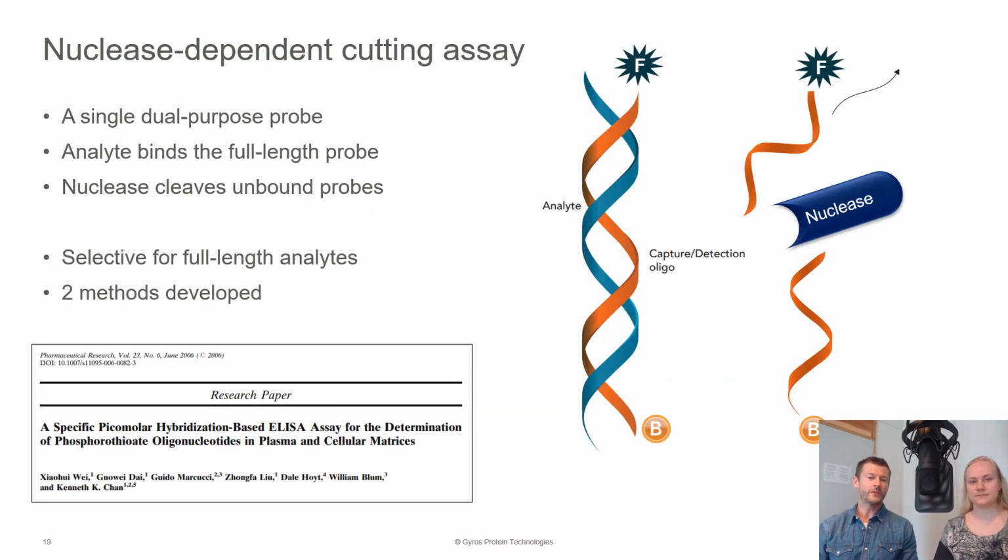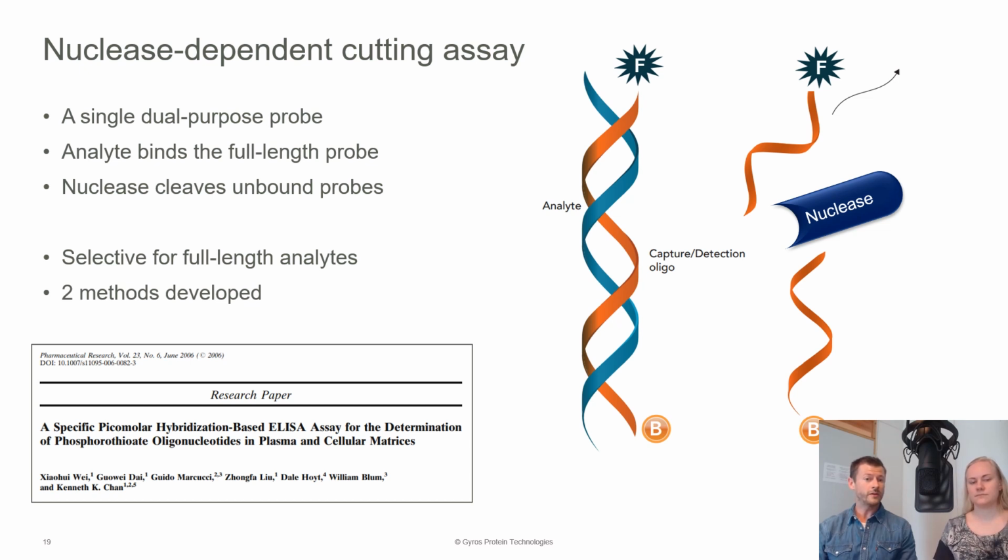So another method that we developed is the nuclease-dependent cutting assay. In that case, we are using a single dual-purpose probe. This probe is biotinylated at the 3' end and has a fluorescent dye at the 5' end, and will bind the analyte on the full length.